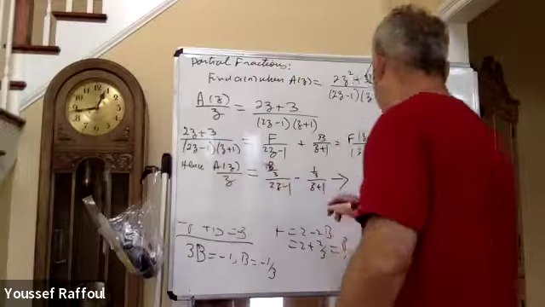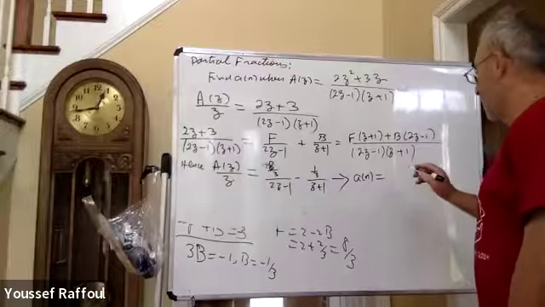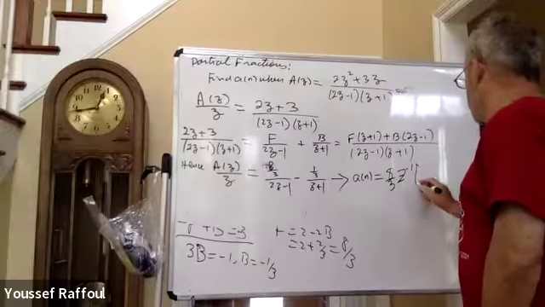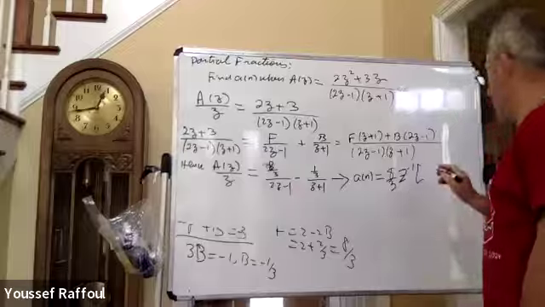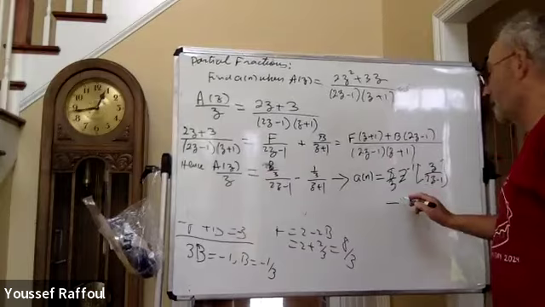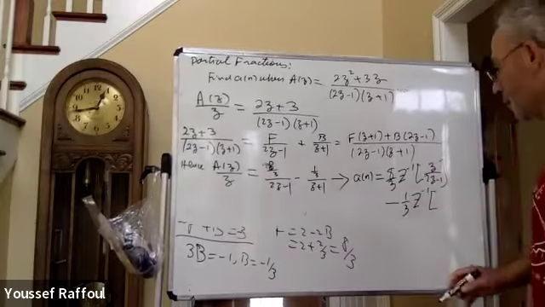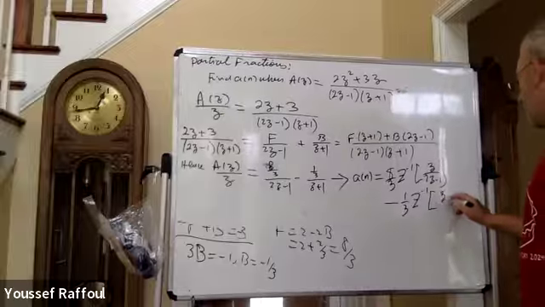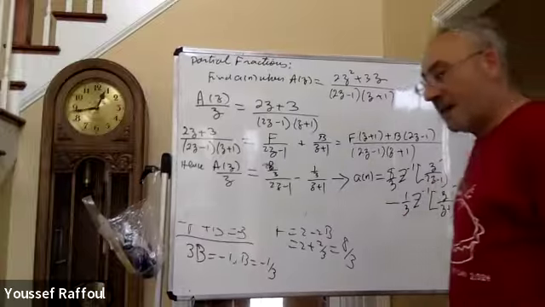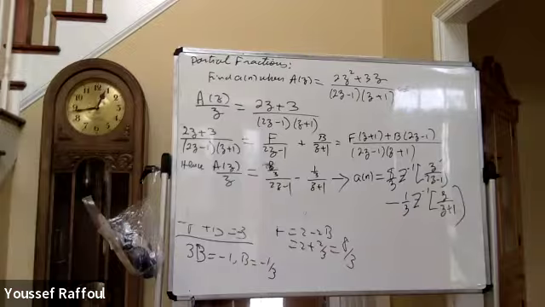That implies a_n is 8/3 times the z inverse, I'm going to multiply by z, of z over 2z minus 1, minus 1/3 times the z inverse of z over z plus 1. You see, I needed z in order to have one of those basic identities. Okay?